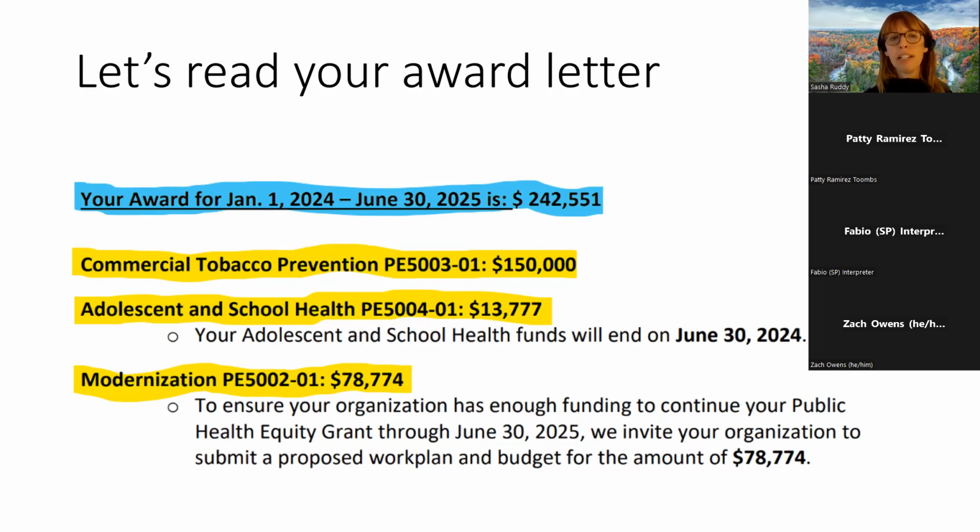And lastly, we see the program element modernization with the name, the number, funding $78,774. If we add those three highlighted program element funding amounts together, we will get that total award amount.